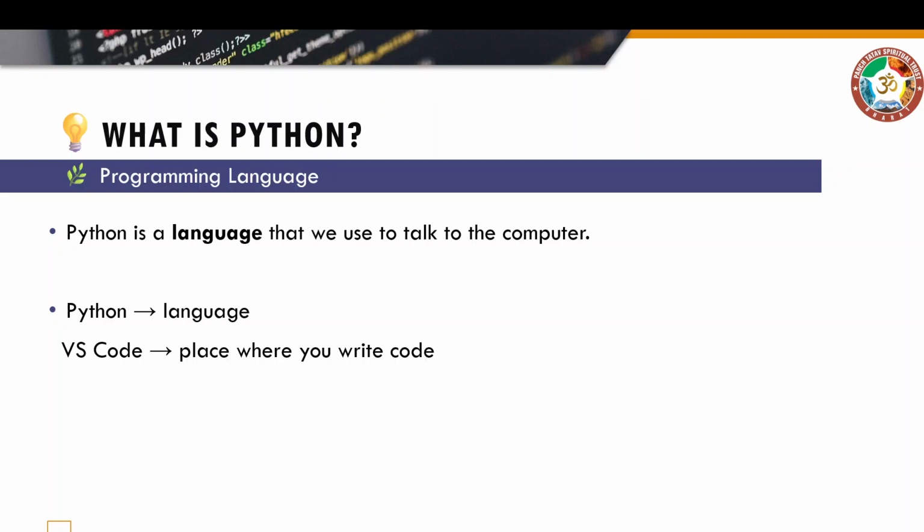That's why we installed Python software so that the computer can read Python code, understand it and execute it. So Python is a language and VS Code is the place where we will be writing our code. Python is the language and VS Code is the notebook where you will write it.